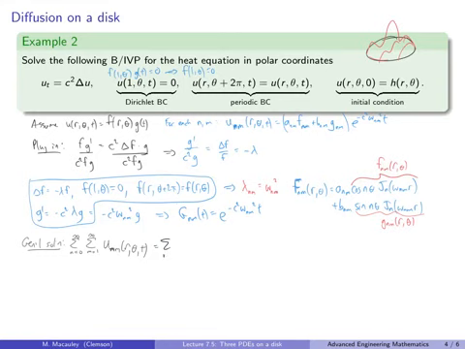So this is the sum from n equals 0 to infinity, from m equals 1 to infinity, of A_nm cosine of n theta J_n of omega_nm r plus B_nm sine of n theta J_n of omega_nm r times e to the minus c squared omega_nm squared t.